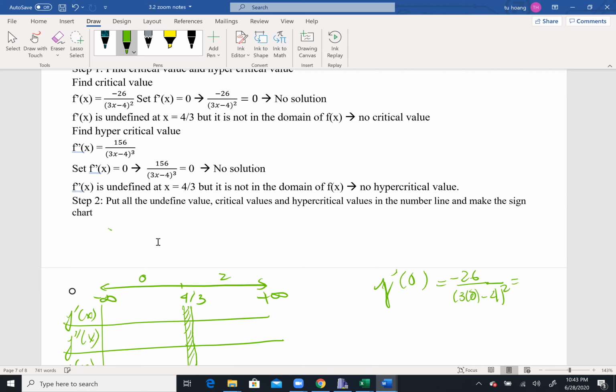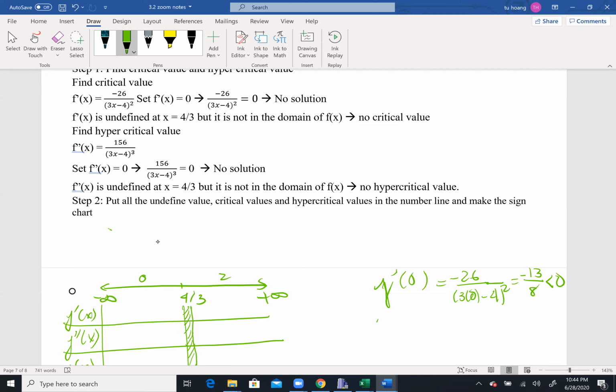That gives me negative on the top, and the bottom becomes positive 16. So it's going to be negative 13 over 8, which is less than 0.